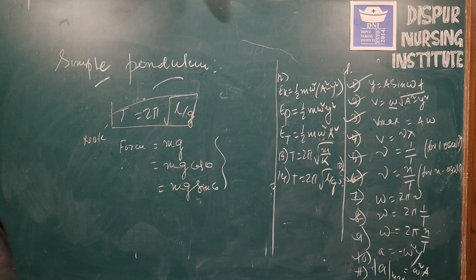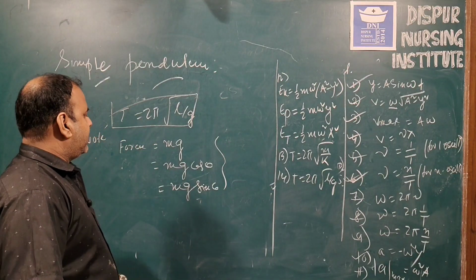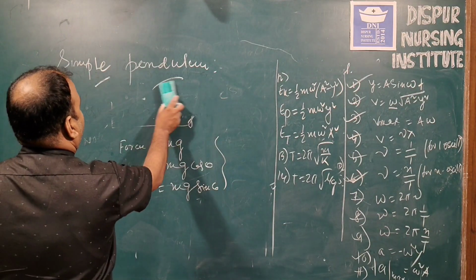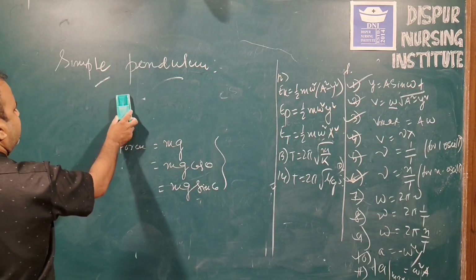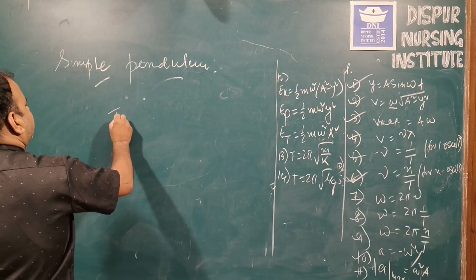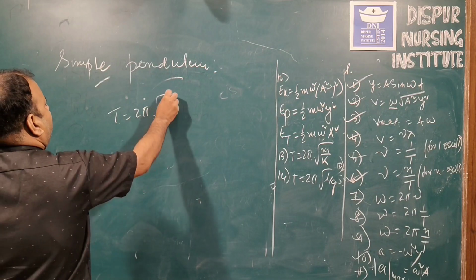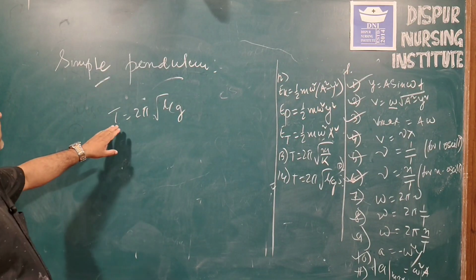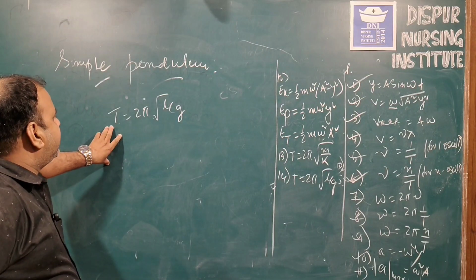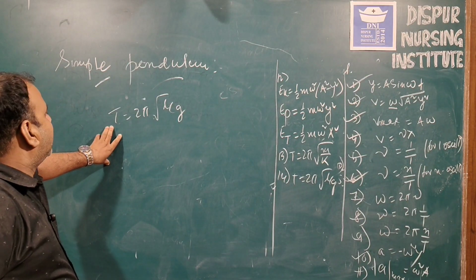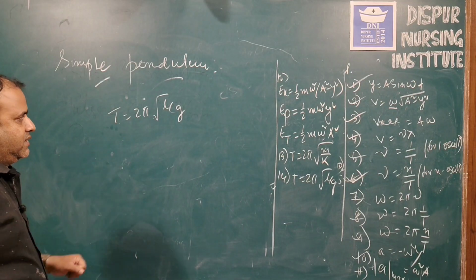Already I have given the time period, T is equal to 2π under root L by g. Remember, T is the time period, L is the length, and g is acceleration due to gravity, and here 2π is a constant.